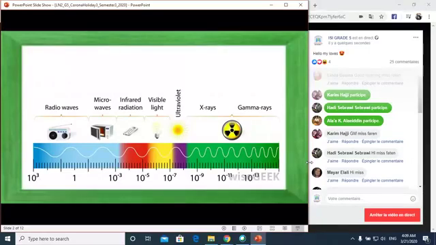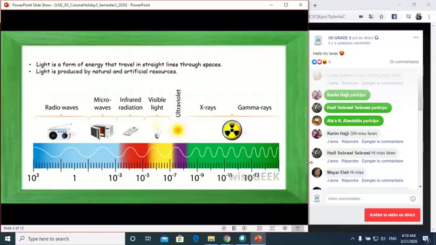Okay, so what's light? I'll move quickly with this one because the electricity lesson is a bit long. Light is a kind of energy. It's a form of energy. It's made of electromagnetic waves and it travels in straight lines through different kinds of media. Light is produced by natural and artificial sources.